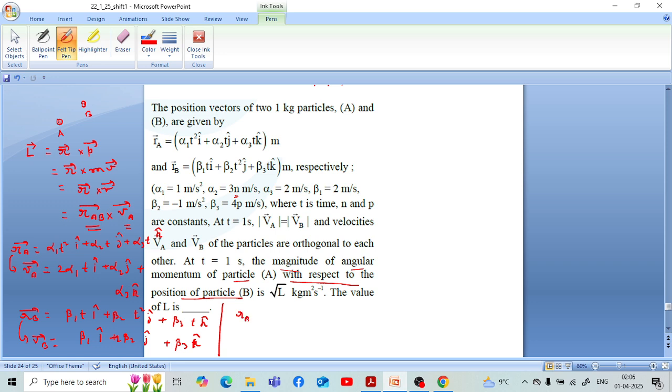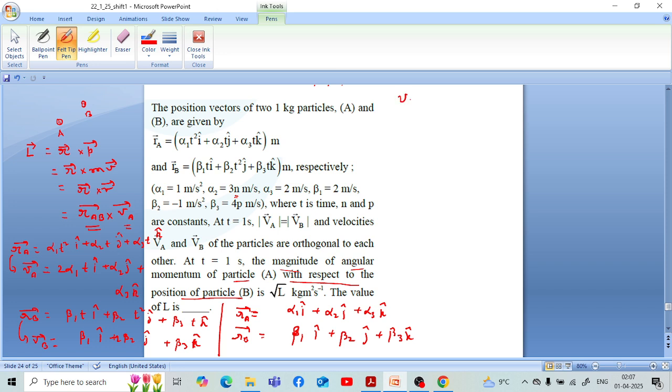So Ra, the position vector of A, becomes alpha 1 i cap plus alpha 2 j cap plus alpha 3 k cap, whereas Rb becomes beta 1 i cap plus beta 2 j cap plus beta 3 k cap. This is Rb.